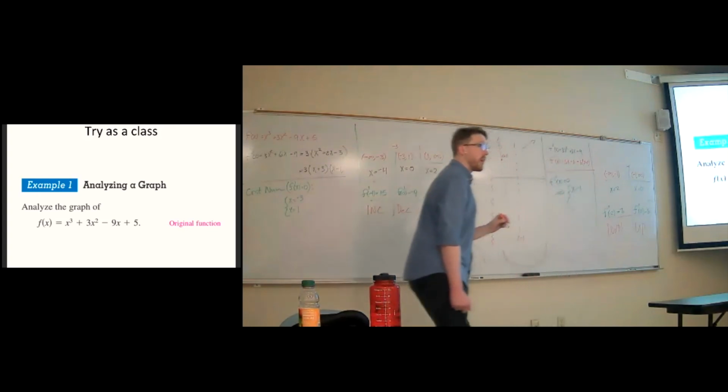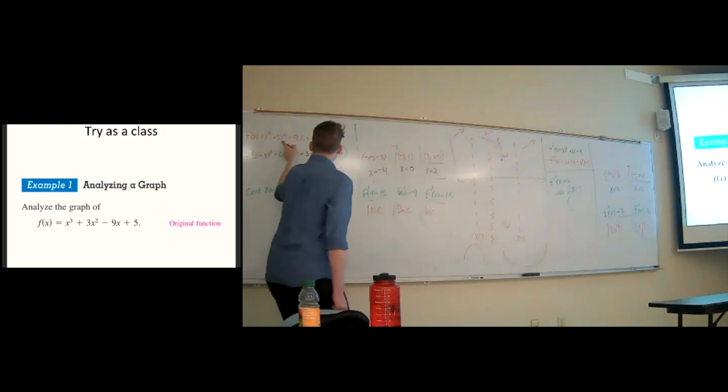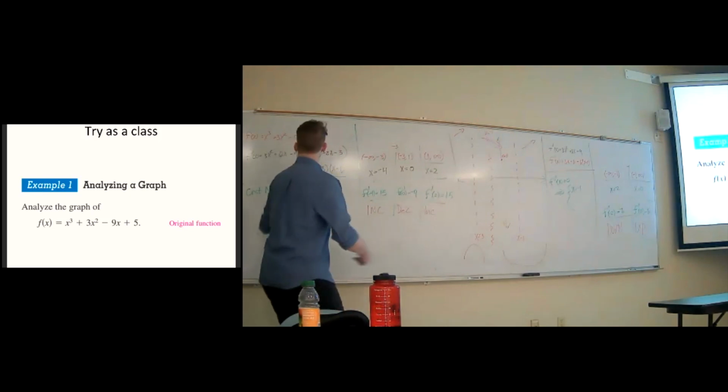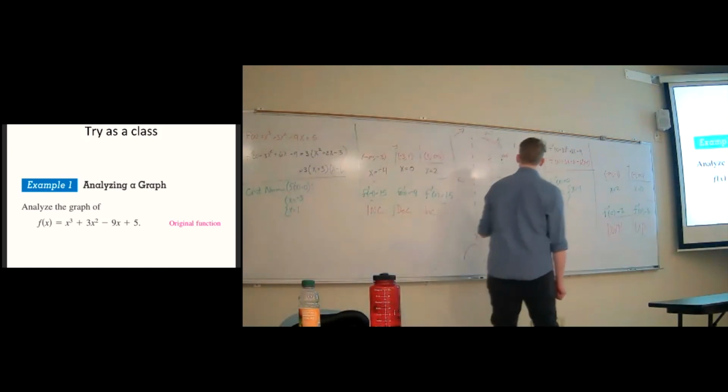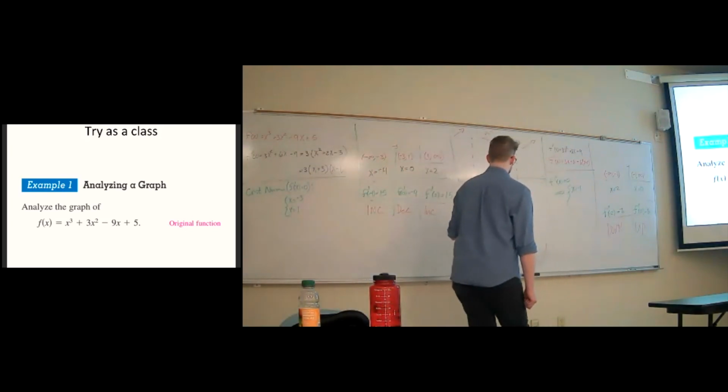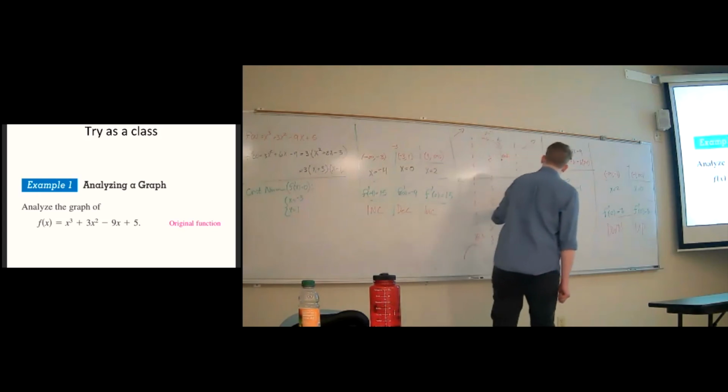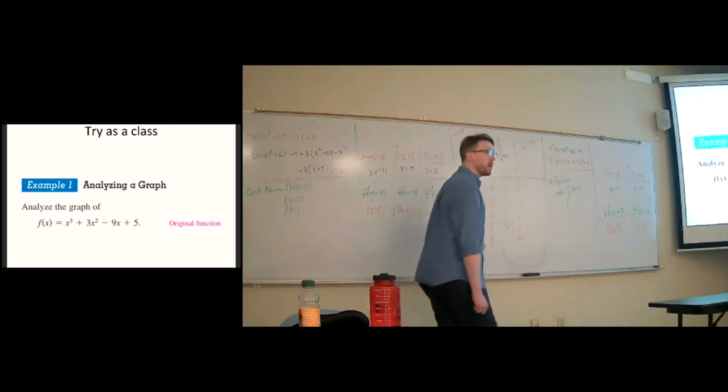Now we could go ahead and find where our function is equal to 0. That's a little overkill, I think, right now. Because starting here, we already know some things. We know that we have at 1, a min, and at -3, a max.